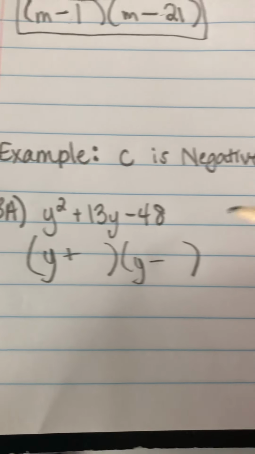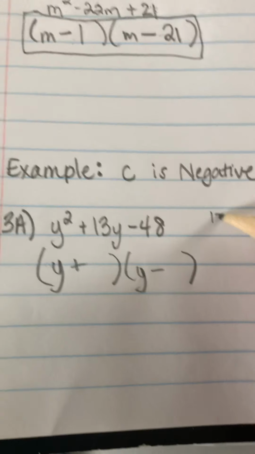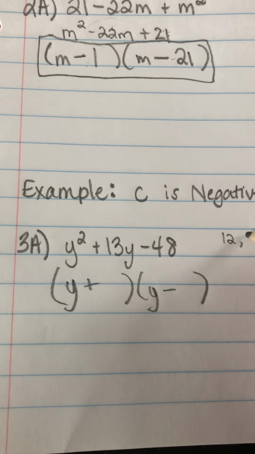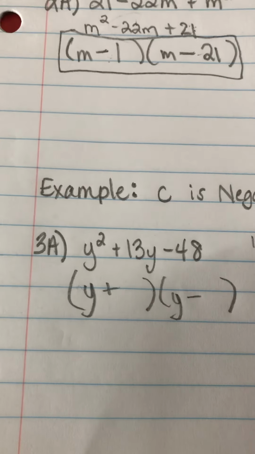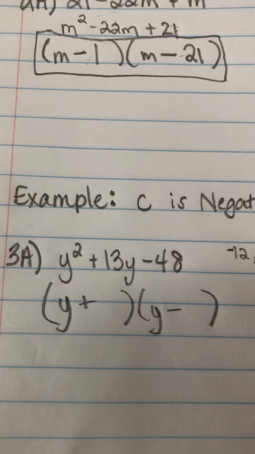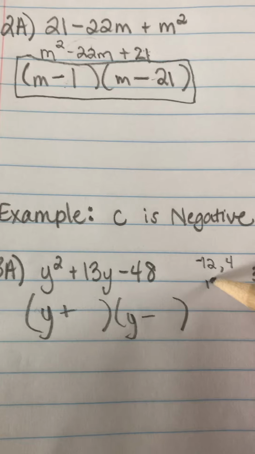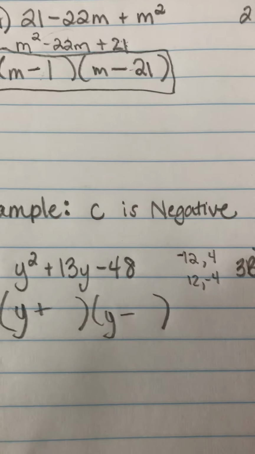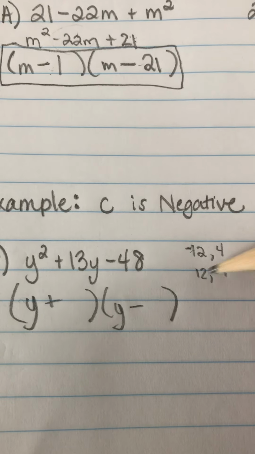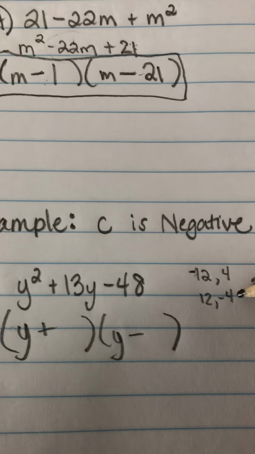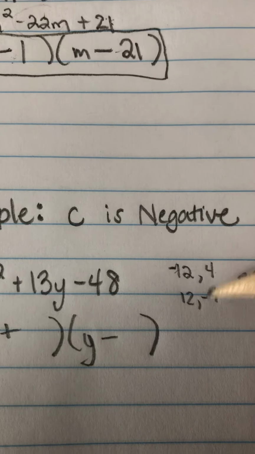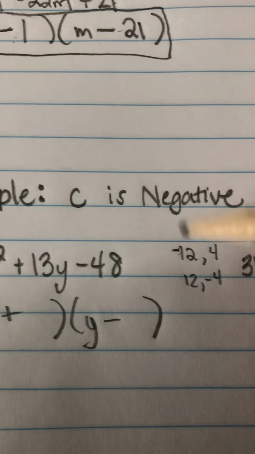Like I said, you can start making a list over here. First thing might have been maybe 12 and 4. That makes 48, right? But if you start making one negative, just making a list over here, both of those would give me a -48, right? But do either of them add up to a positive 13?